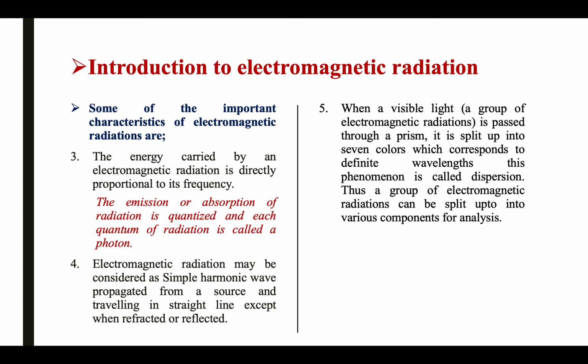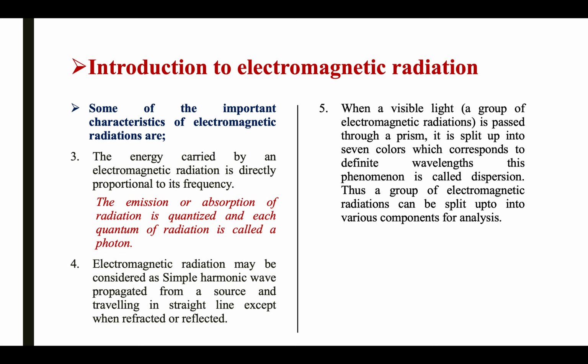The fifth characteristic is that when visible light, or a group of electromagnetic radiation, is passed through a prism, it is split up into seven colors. As we know, the VIBGYOR colors are there: violet, indigo, blue, green, yellow, orange, red.